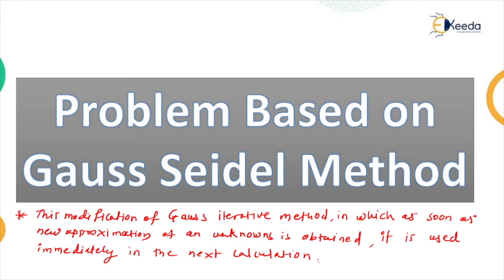So this is an advanced form of the Gauss iterative method. We have to use the most recent approximation immediately in the next calculation. So let me start the problem on the Gauss Seidel method.